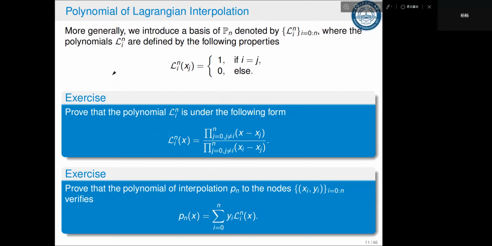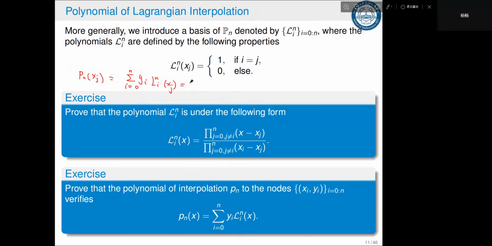I just write here, for example, Pn evaluated at xj. By its definition, it is right here.